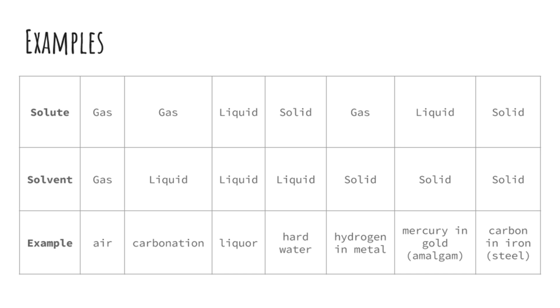You can also get solids dissolved in liquids. So hard water is a solution of calcium carbonate dissolved in water. Calcium carbonate is also known as limestone, and it's very insoluble. It does not want to be dissolved in your water, and it will take any chance it can to come out.